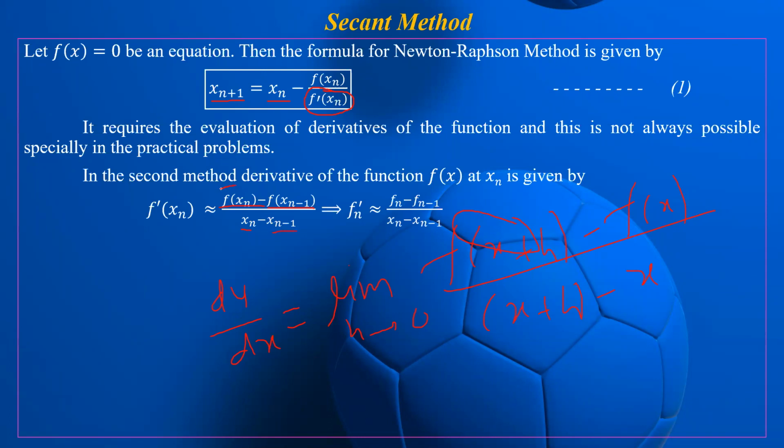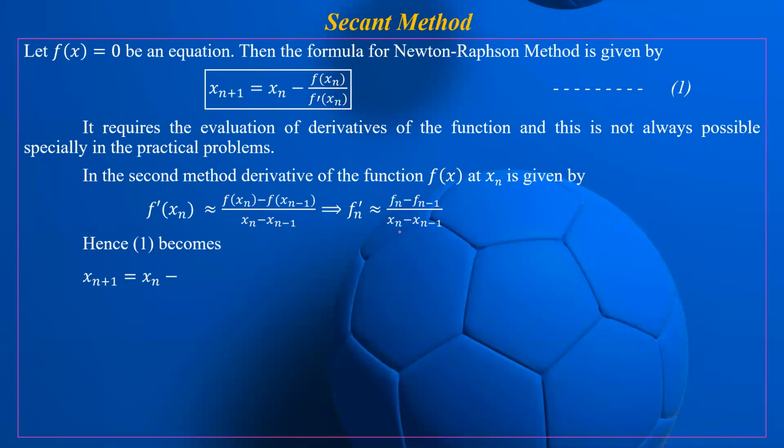Let us write f of x n as f n, and similarly f of x n minus 1 as f n minus 1. So we can write f dash of x n is equal to f n minus f n minus 1 upon x n minus x n minus 1. Okay, now put this value in equation number 1.